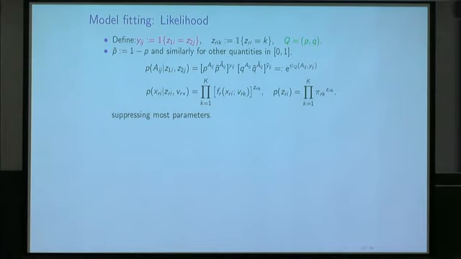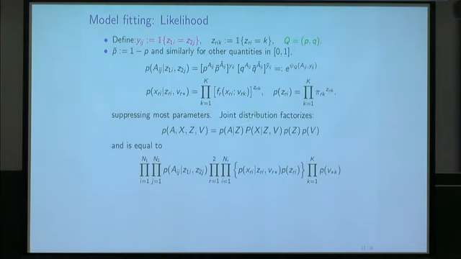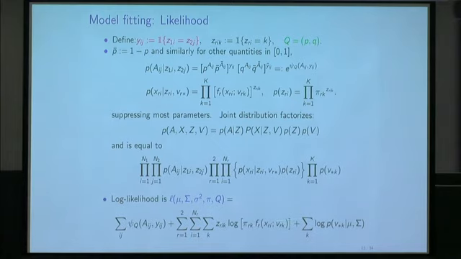You could have other likelihoods there, and you have this factorization for the joint distribution, A given Z and then X given Z and V, and then these two are independent. You write down the joint, and then this is the log likelihood if you have all the latent variables.